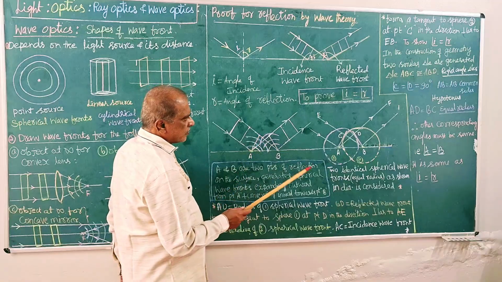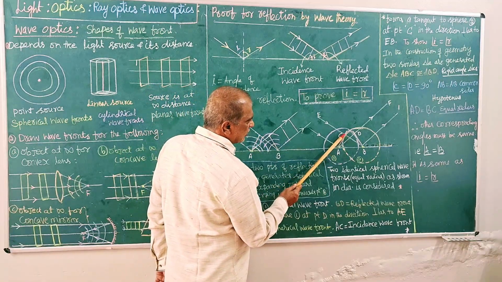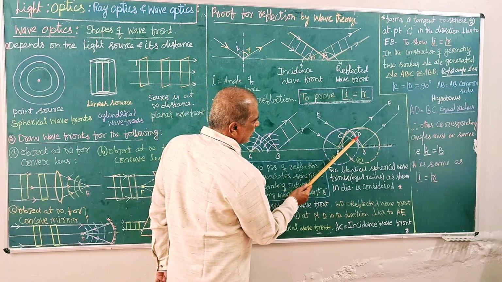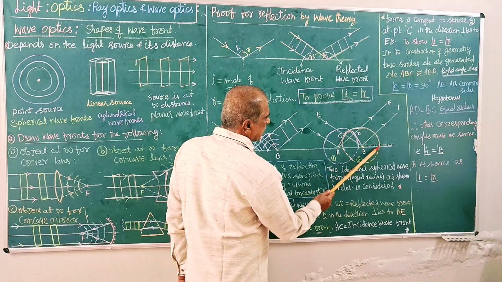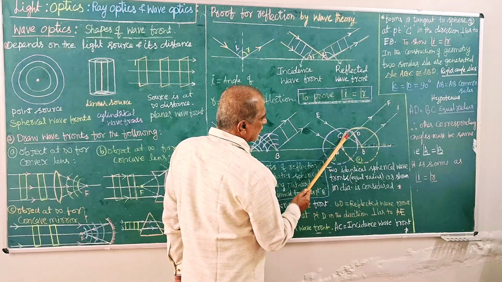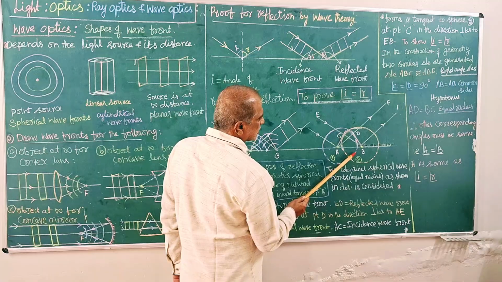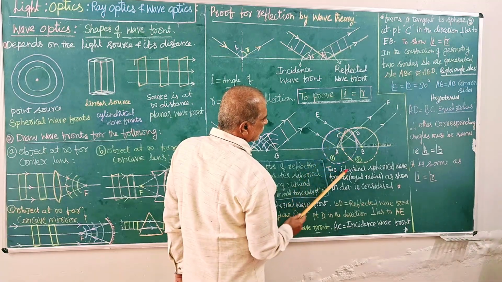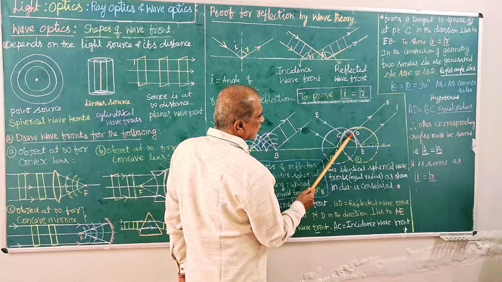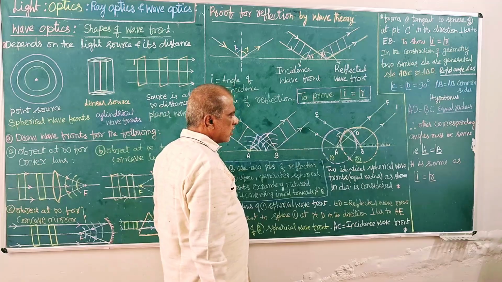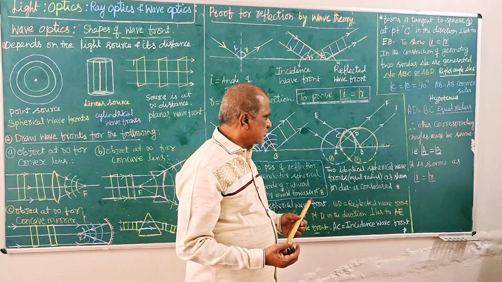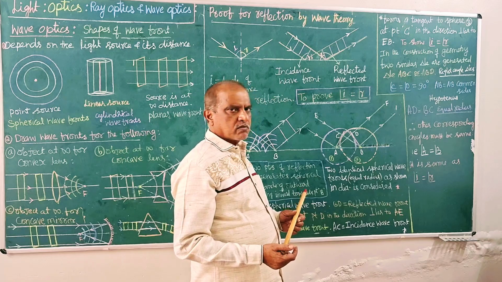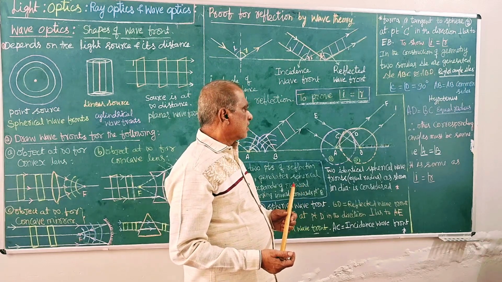From this point, it touches the incident wavefront and reflected wavefront. So this is where the highest spherical wavefront begins to commence. This is the highest spherical wave ending at this point. And these two spherical wavefronts I am selecting are considered.